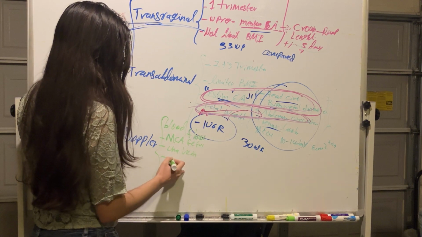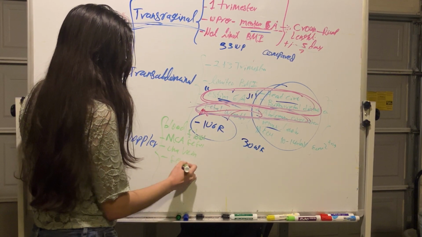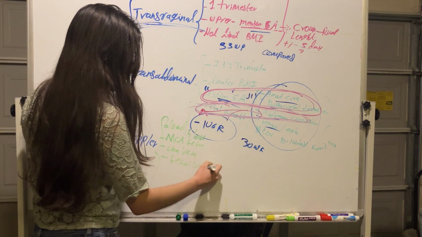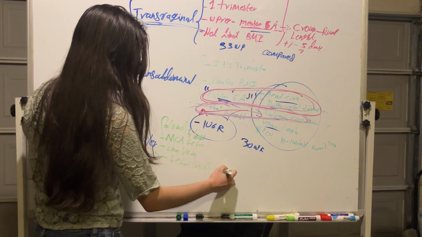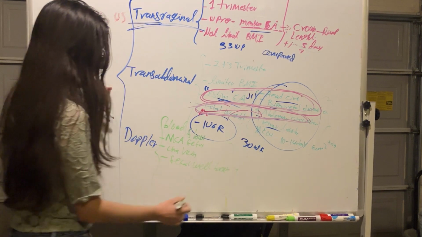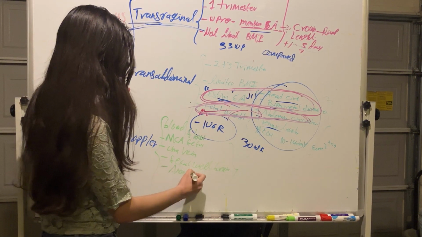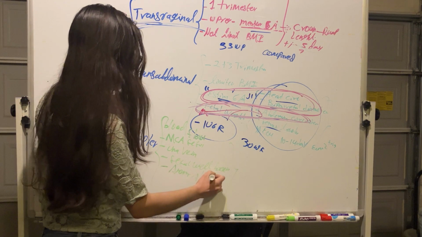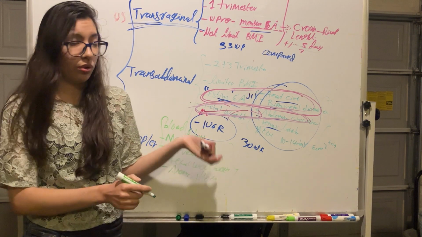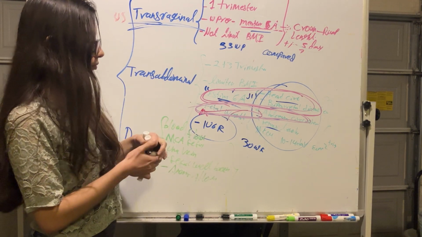This is to evaluate for fetal well-being and also, for example, to evaluate for anemia in the case of alloimmunization, which we are going to talk about later on in the videos.